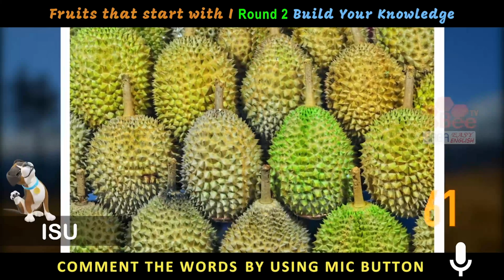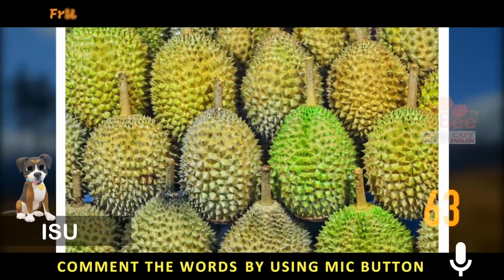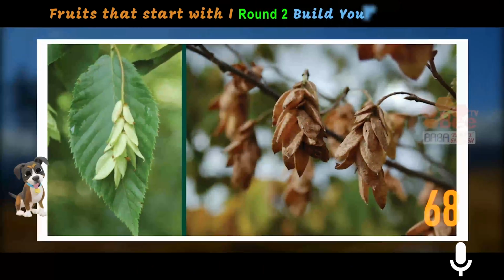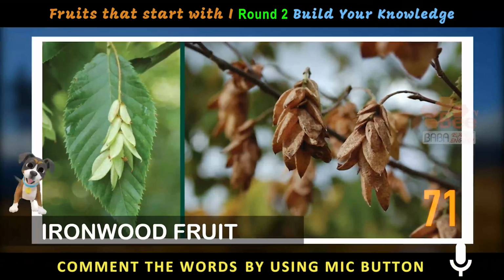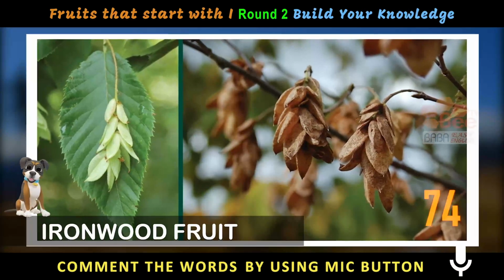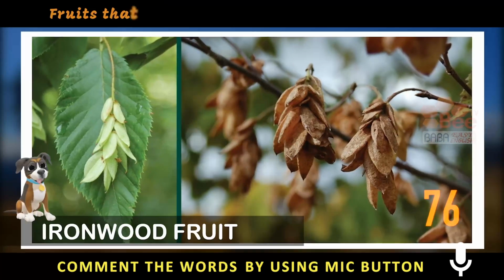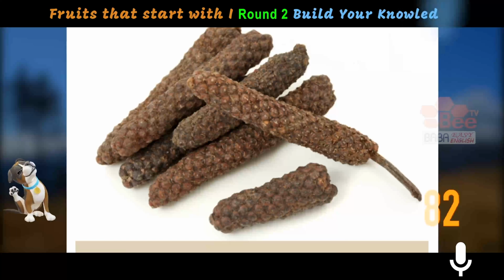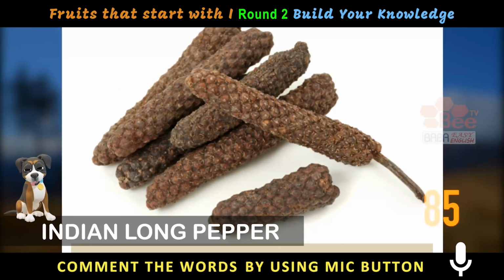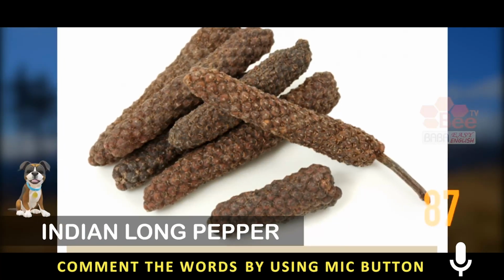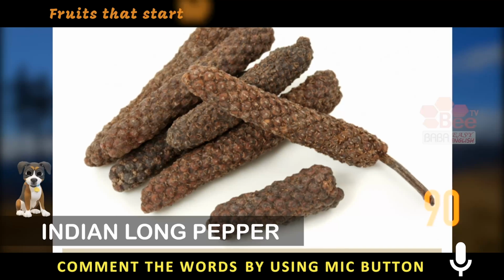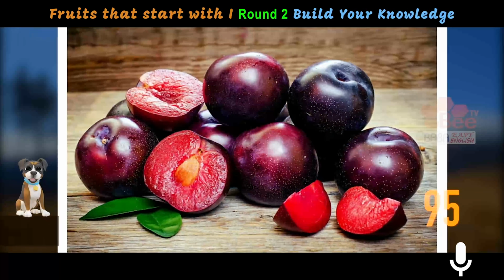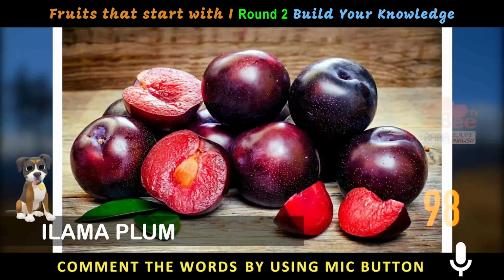ISU. Ironwood fruit. Indian long pepper. Ilama plum.